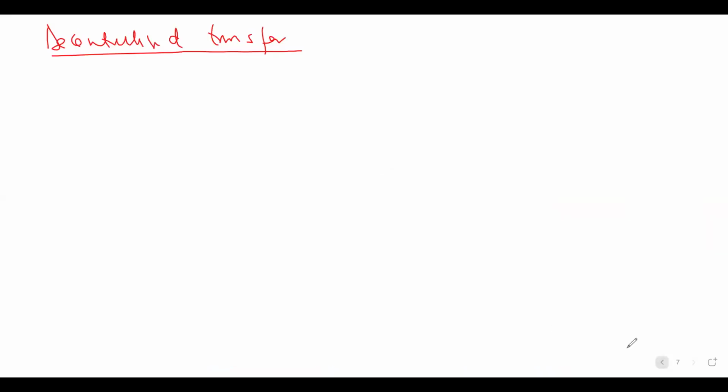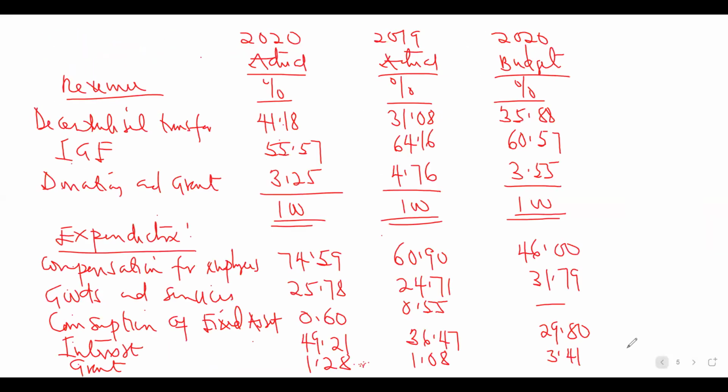In this current year, what is the percentage of revenue for the decentralized transfer? 41.18, against what? 35.88. That is the budget, but you first do the comparison between actual and actual, before you now come to the budget.